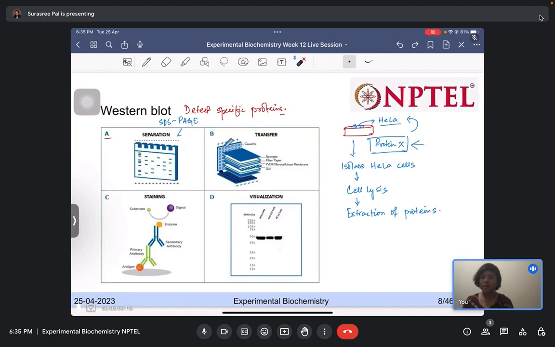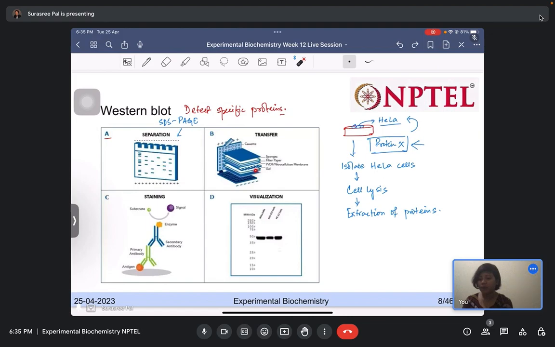So the next step, very similar to the other blotting techniques, will be to transfer these protein samples to a membrane, right? So the next step is transfer. For transfer, we are using a very similar setup here.